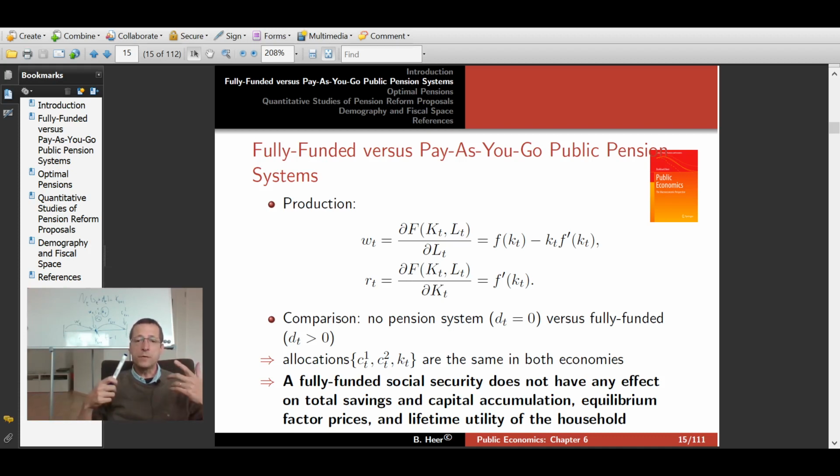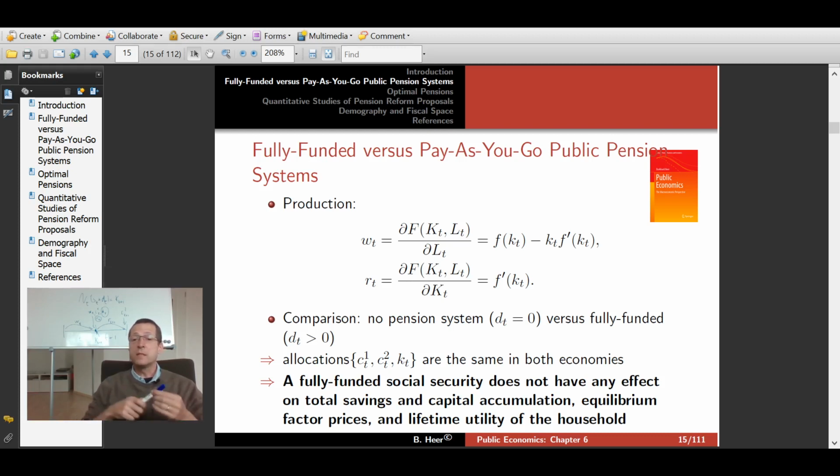So the only difference that we observe between a fully funded system and a system without pensions, where D_t is equal to 0, only arises if the interest rates of the government and the household were different. For example, if the household becomes a debtor because it wants to decrease private savings s_t below 0.